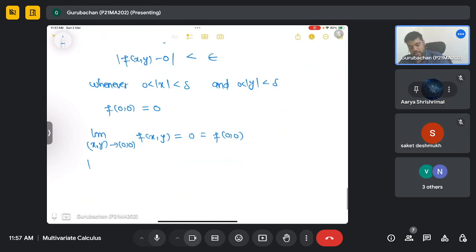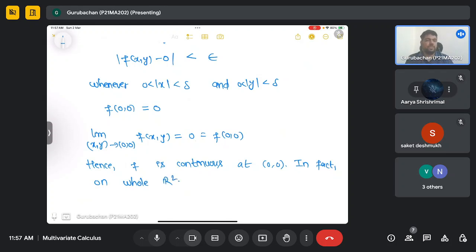So what we can say, hence f is continuous on the whole R square. Like we can first write at 0, 0, in fact on the whole R square. Okay, so we have to check the continuity of this function. So it is continuous at 0, 0, in fact on the whole R square it is also continuous.